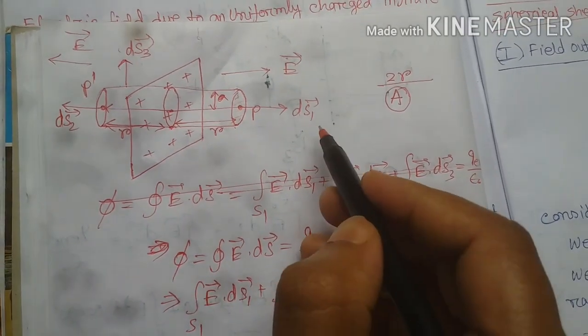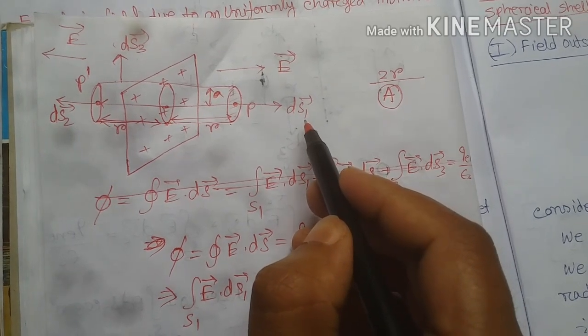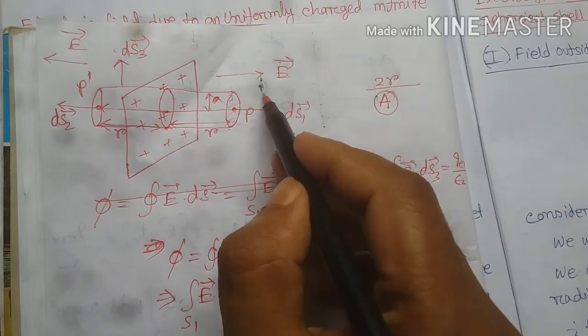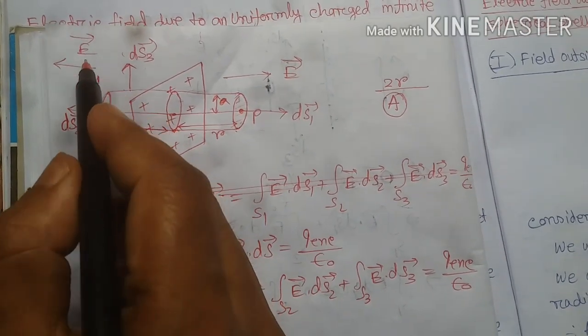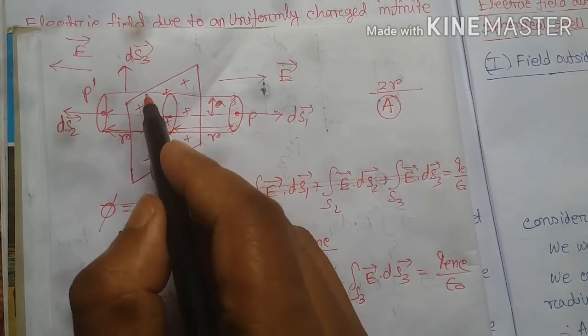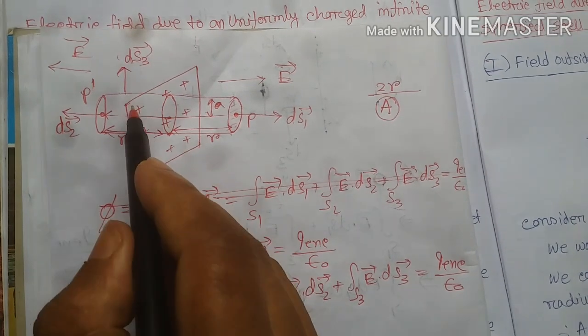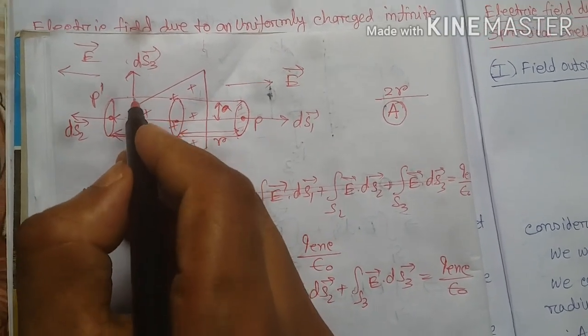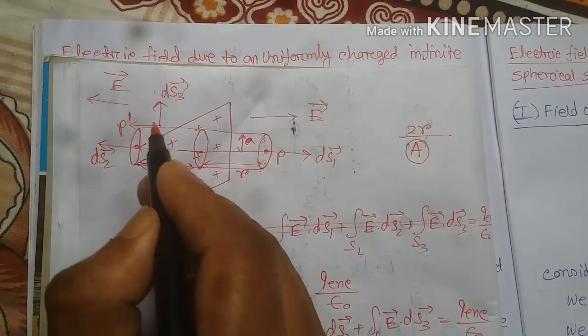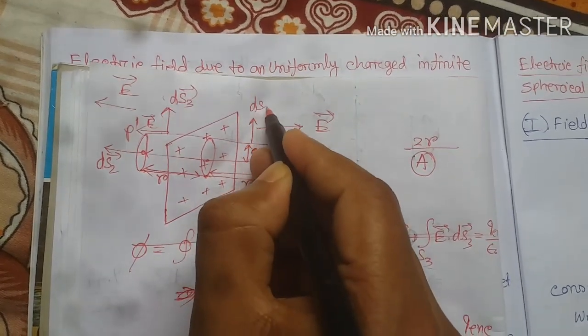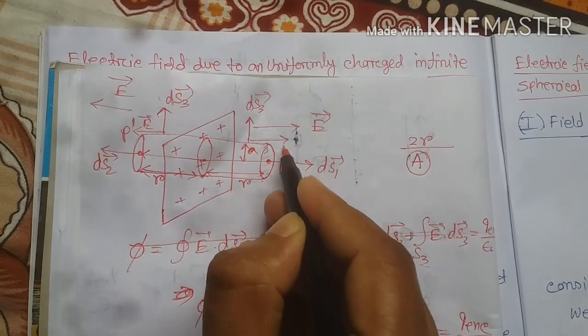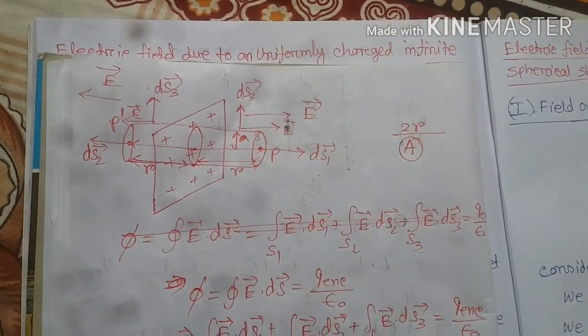See here, the direction of the surface ds1 and the electric field is the same, and on this side ds2 and the electric field are in the same direction, but on the curved surface the direction of ds3 and the electric field are perpendicular, because on this side the electric field is in this direction, and here ds3 will be in this direction, and the electric field will be again here, so they are perpendicular.